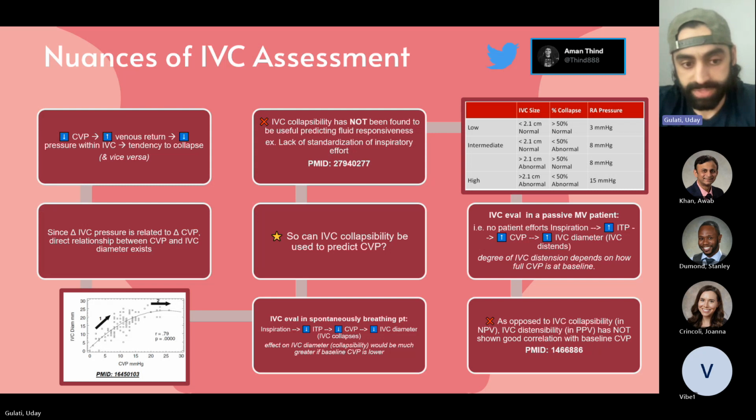in a spontaneously breathing patient, IVC collapsibility, meaning the respiratory variation, has not been found to be predictive of your central venous pressures nor of fluid responsiveness. That's for a few reasons. One is that you don't know how much variation there is among people in their inspiratory effort. For example, a healthier person with good lung compliance might have a much more dramatic change in intrathoracic pressures that would change the IVC.